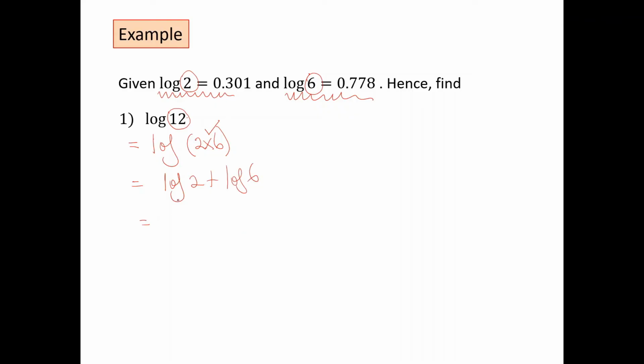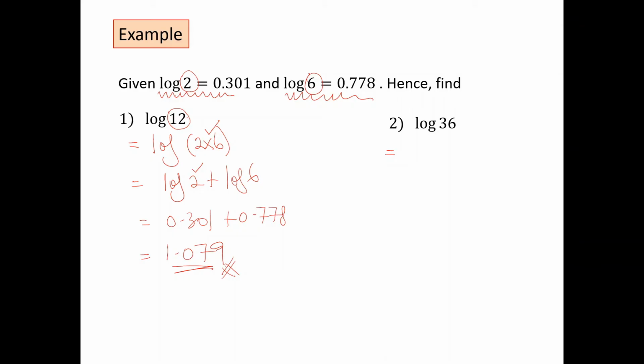Then we can have log 2, we just copy the value of 0.301 plus log 6 is 0.778. So the answer will be 1.079. Second example, log 36.